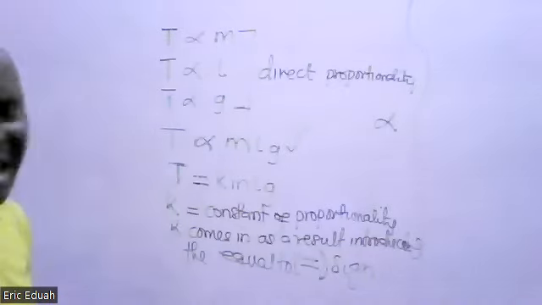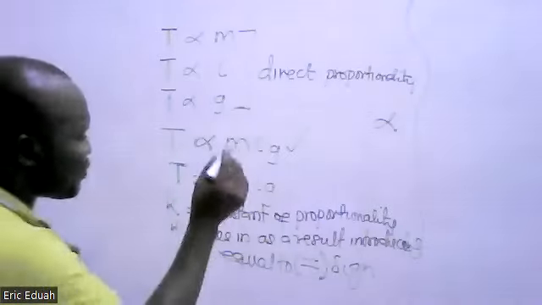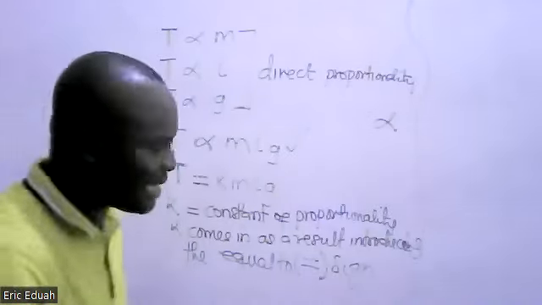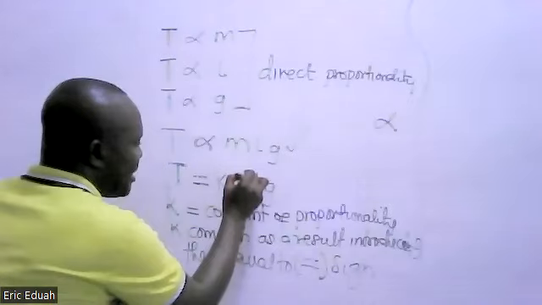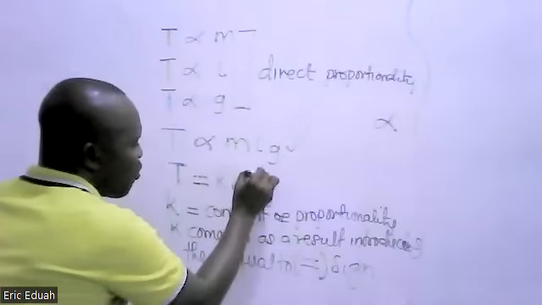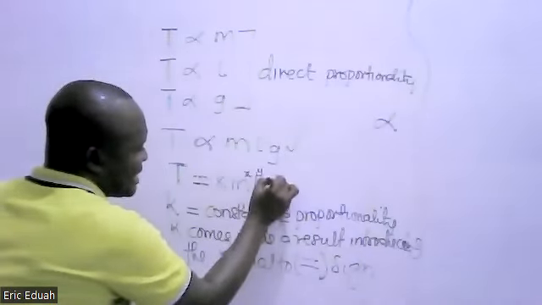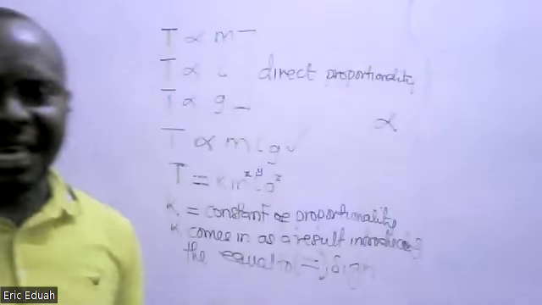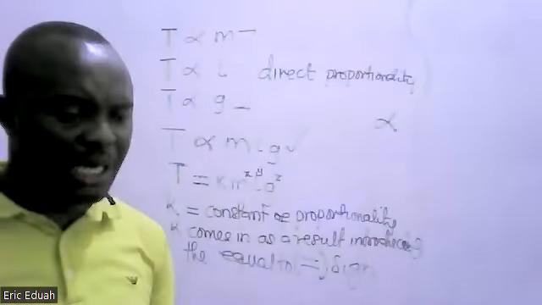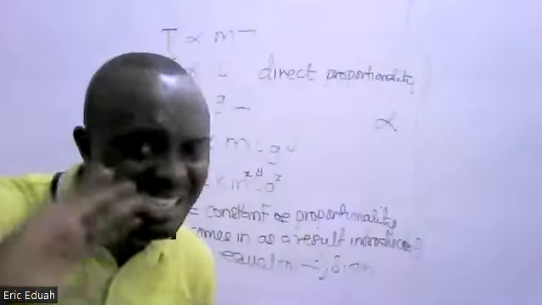We don't know their exponential values, so let's represent them by letters x, y, and z. The k is not affected because usually the k is dimensionless.